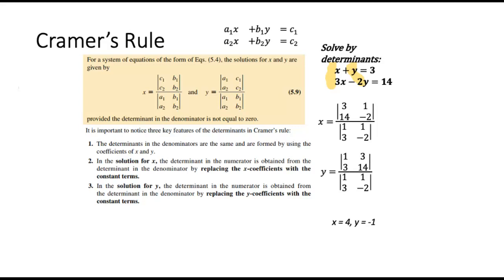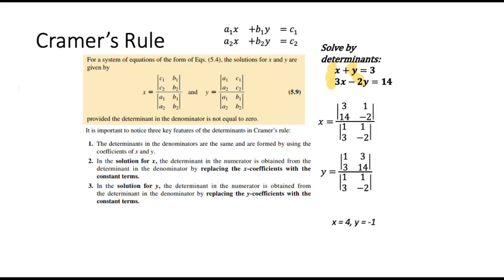So that's 1, 3, and 1, negative 2. But in the numerator, we replace the first column with 3, 14. And then for y, the denominator is the same. It's still the coefficients of the x and y values, but we replace the second column here with 3, 14, the values of c.